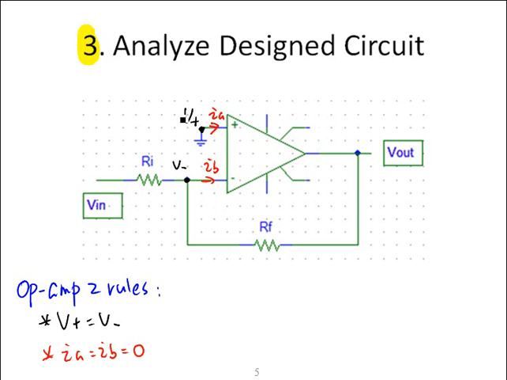Since the positive input terminal is grounded, V minus becomes 0. If the current across Ri is I1, we can write I1 is equal to V input minus 0 divided by Ri.